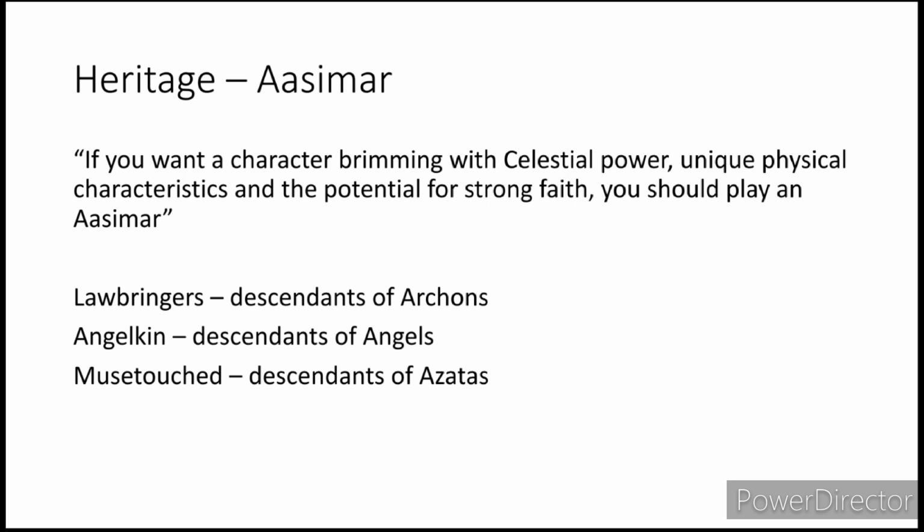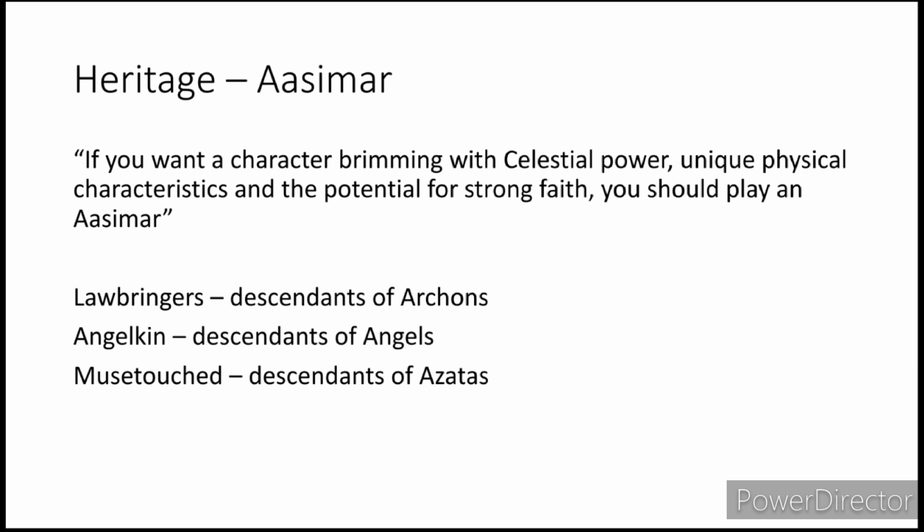Starting things off with the heritage Aasimar. According to the lore, these were created by goodly aligned creatures mating with humanoid creatures. So you have different angelic beings of celestial power. If you want a character brimming with celestial power, unique physical characteristics, and the potential for strong faith, you should play an Aasimar.